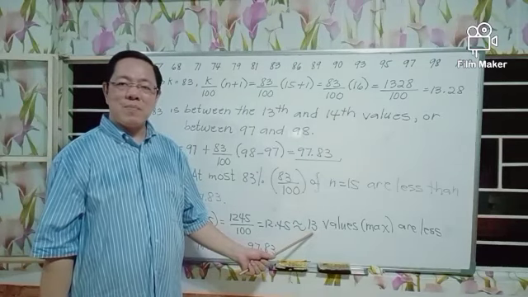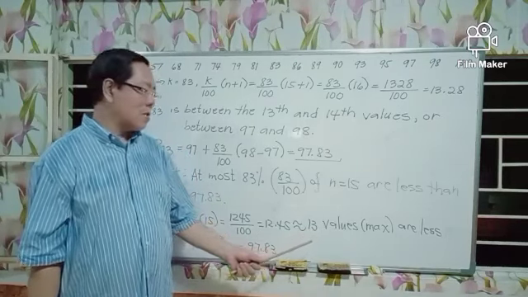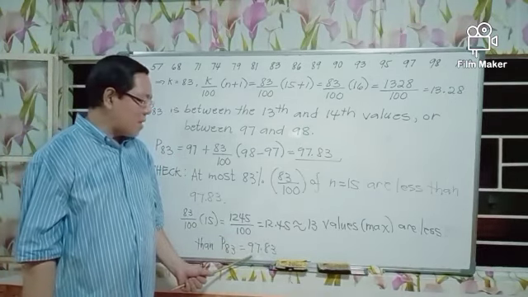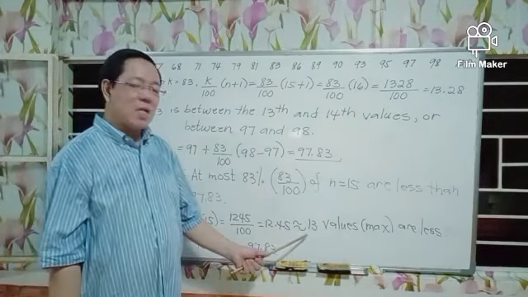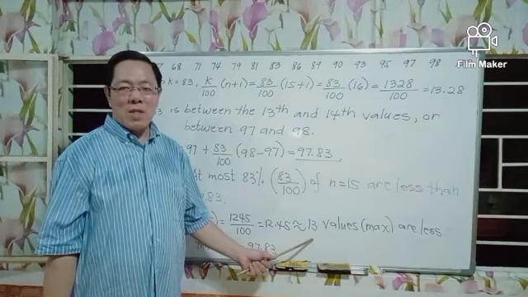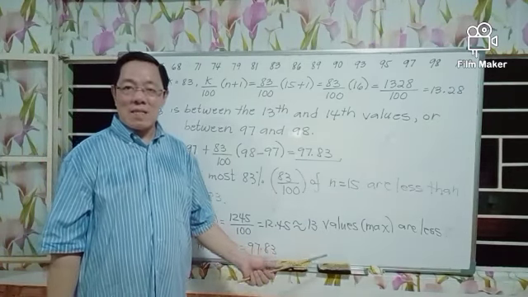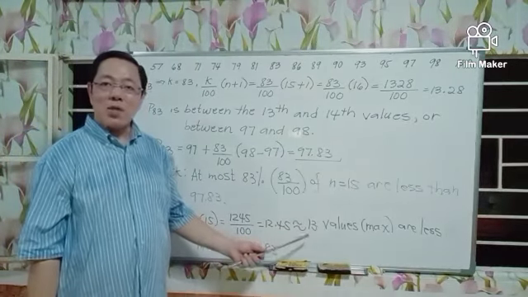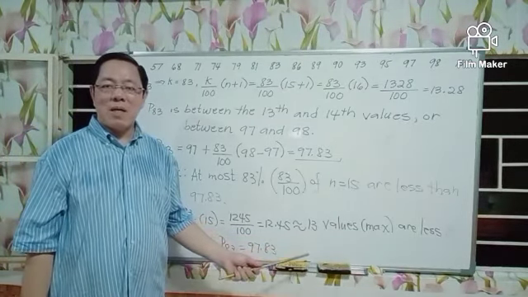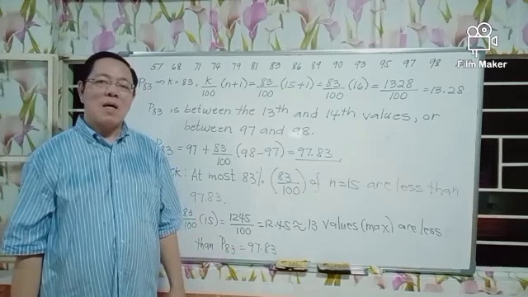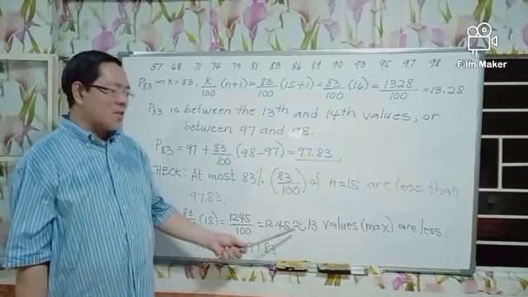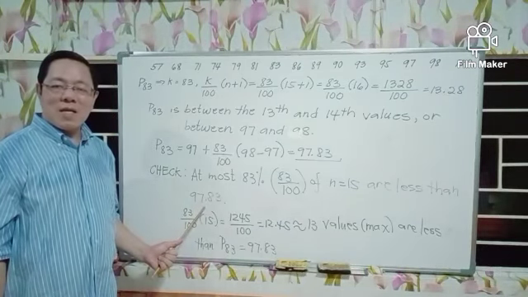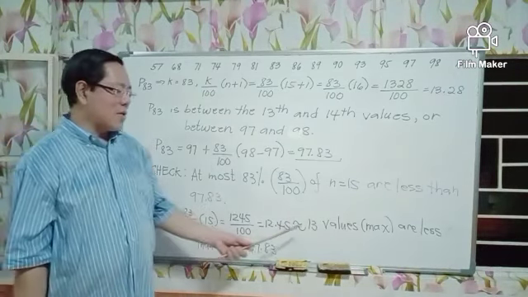Thus, the maximum number of values that should be less than the 83rd percentile of 97.83 is 13. Or the number of values that are less than 97.83 may be 12, 11, 10, and so on. But the maximum number is 13.